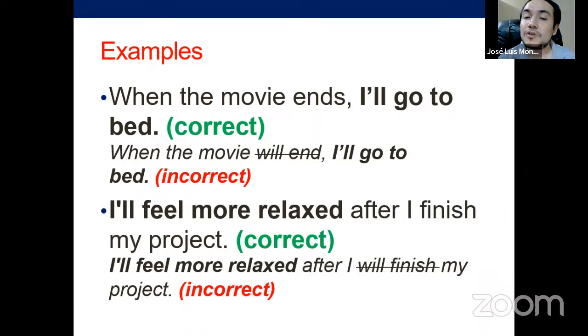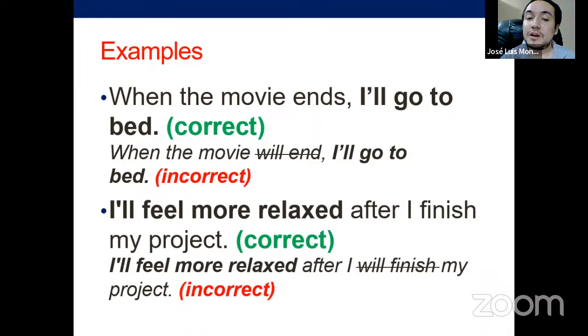We don't have to use the future in the time clause. It has to be present. Then again, you can see there the incorrect way of using the future tense in the time clause.